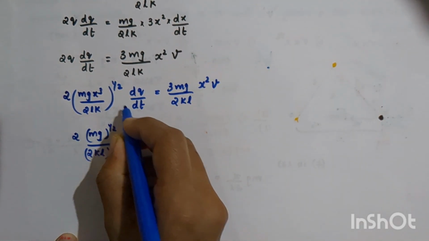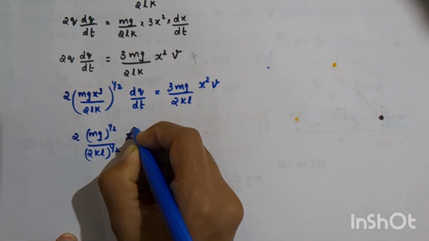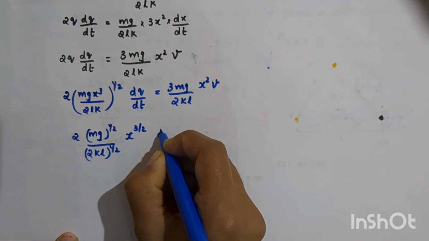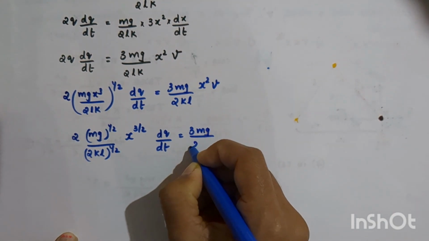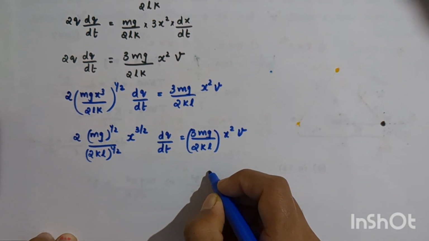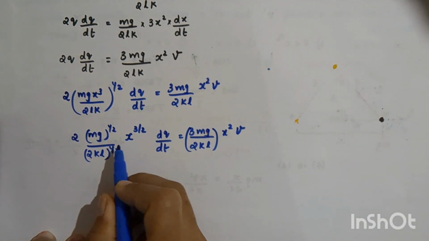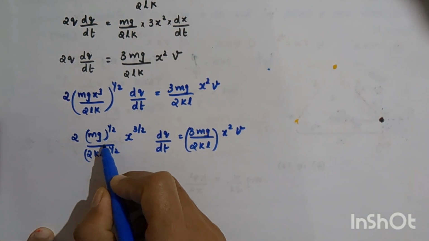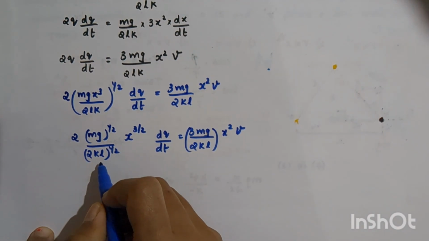I am writing this x cube raised to 1 by 2 separately. x cube raised to 1 by 2 is x raised to 3 by 2, into dq by dt, is equal to 3mg by 2kl into x square into v. So on the left side of the equation, 2 is a constant, (mg) raised to 1 by 2 is a constant, and (2kl) raised to 1 by 2 is a constant.